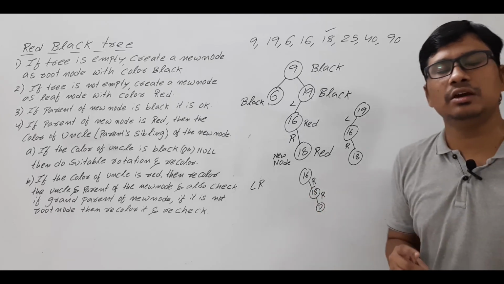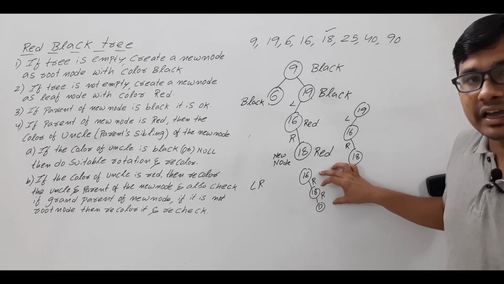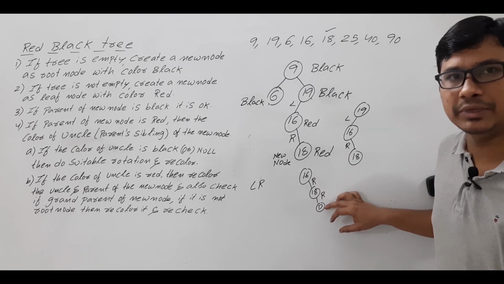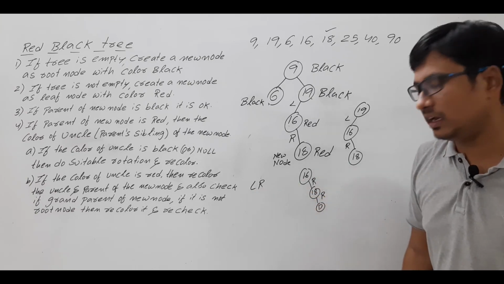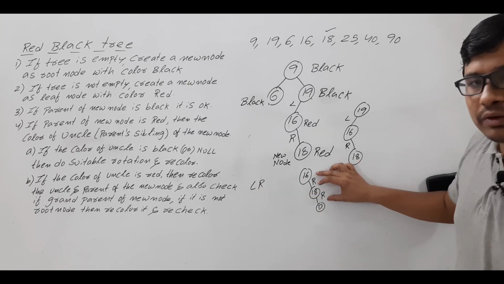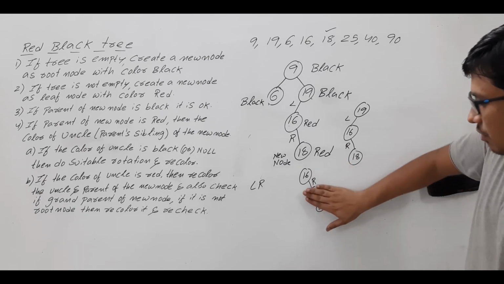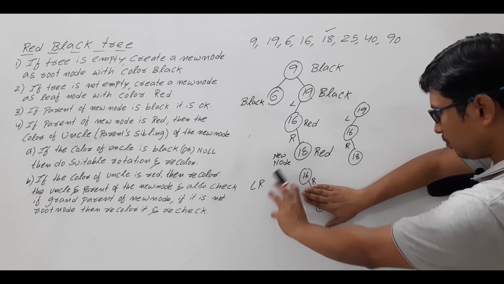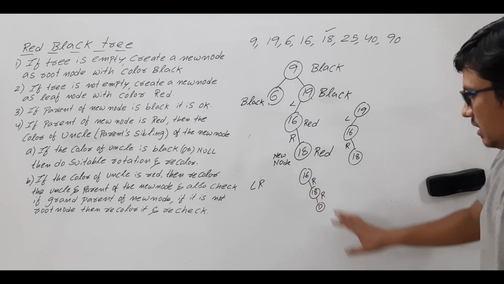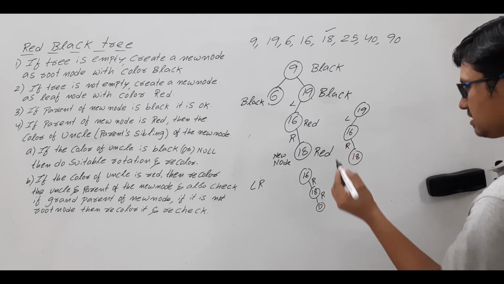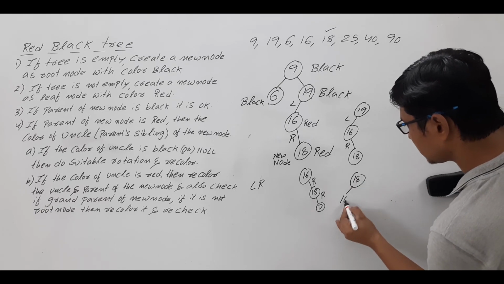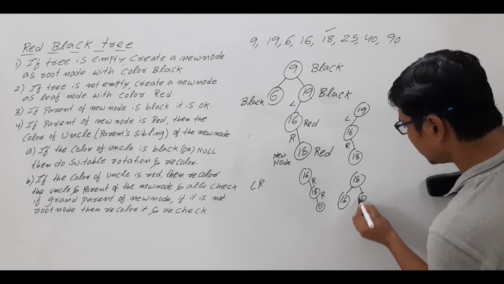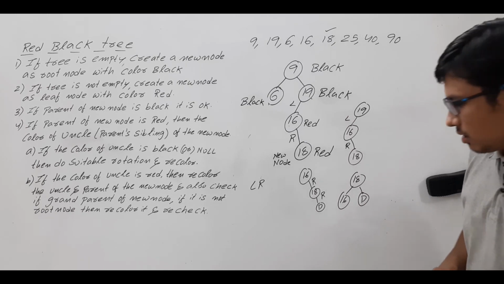When I was discussing the AVL tree, I already discussed the use of this dummy element. It will be useful for us to simplify the LR rotation. Suppose I want to do the RR rotation, I will hold this 18 and move this 16 towards the left side. Then I will get 18, I will get 16, and you will have a dummy element. Am I right or wrong?